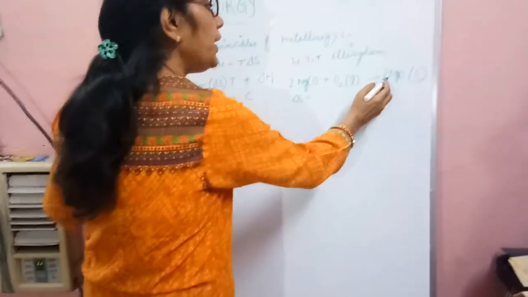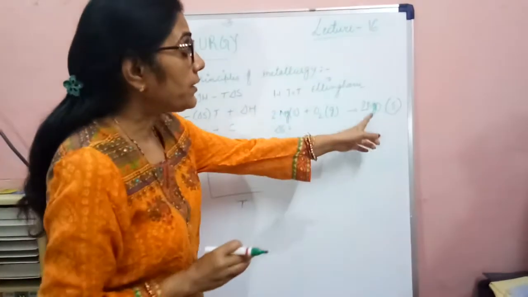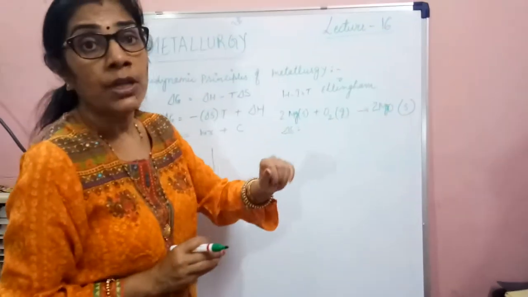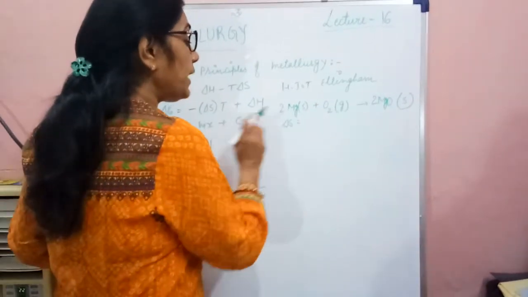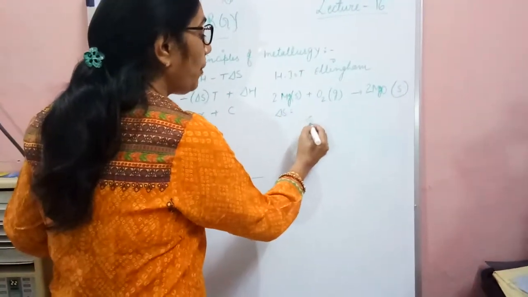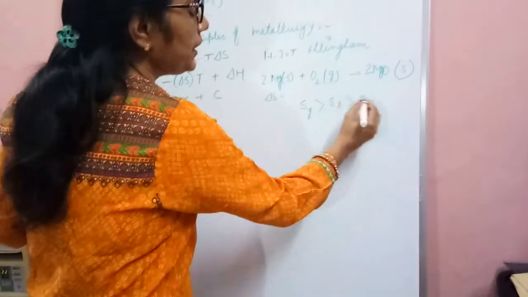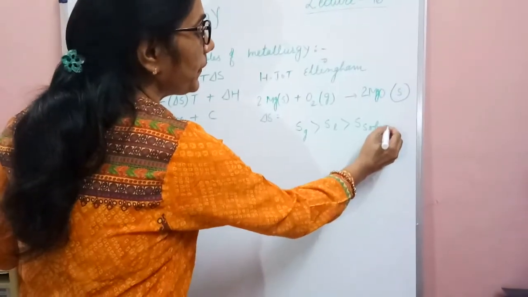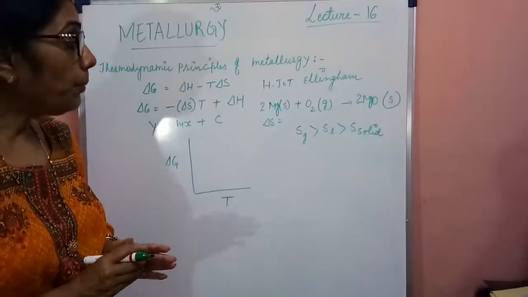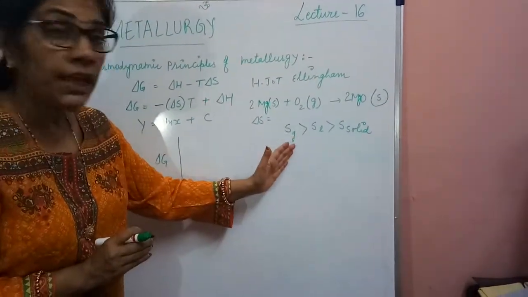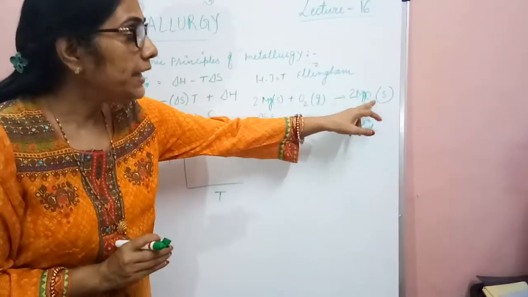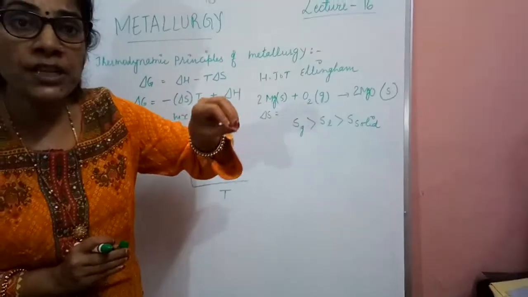Now you can see here 2 moles of products are there, but they are in which form? Solid state. And so far as entropy is concerned, entropy of gaseous state is maximum, more than liquid, which in turn is more than solid. So entropy is maximum for the gaseous state. So for solid, that is magnesium oxide, entropy is minimum.